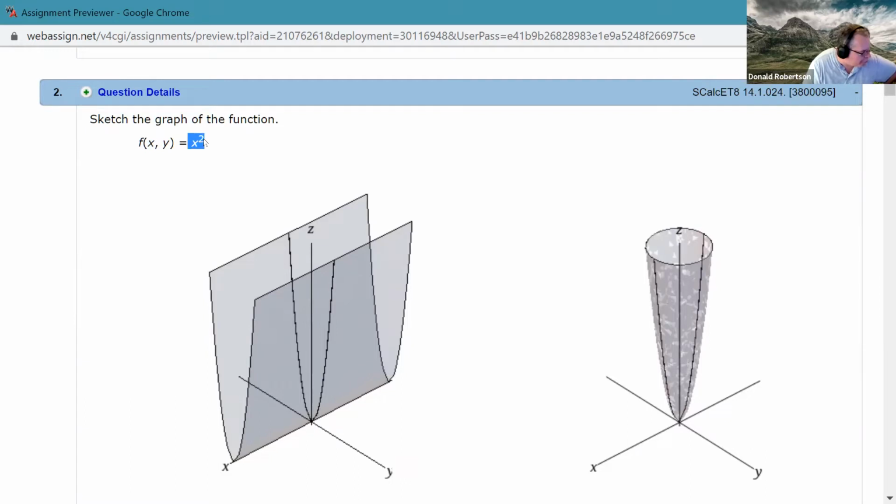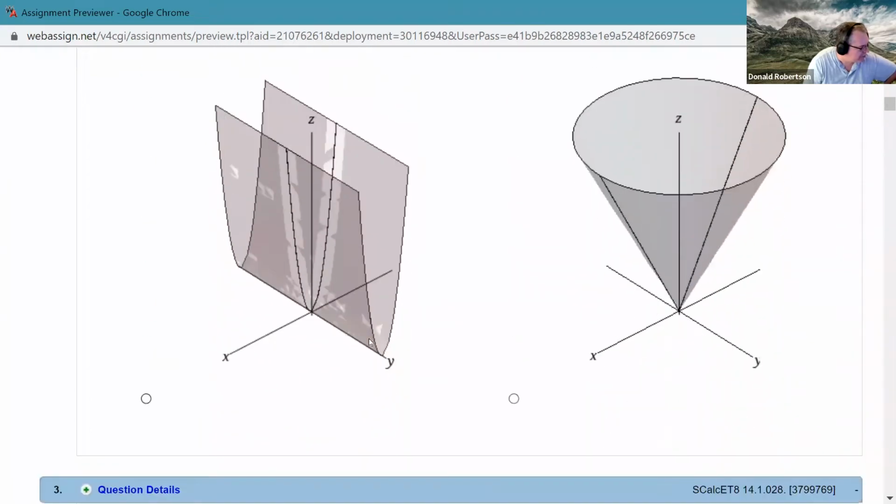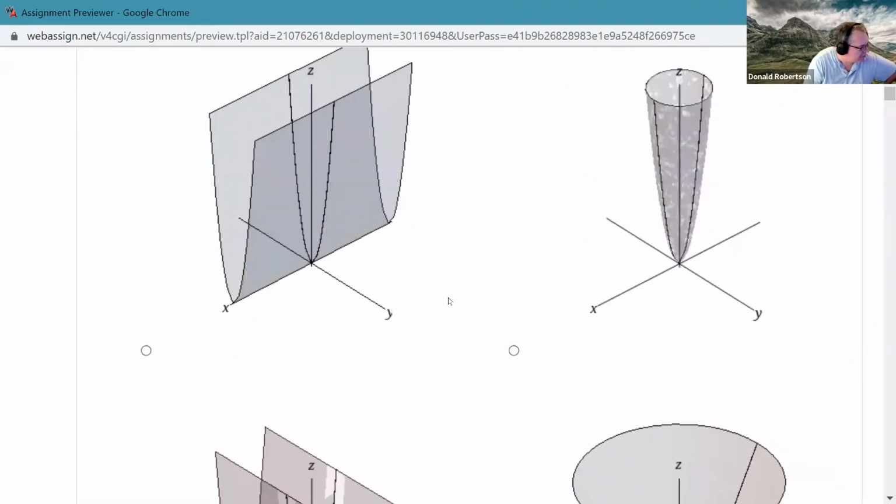If you took all the points in 3D space where the z coordinate is equal to the x coordinate squared, wouldn't you get a parabola shape, just like x squared?